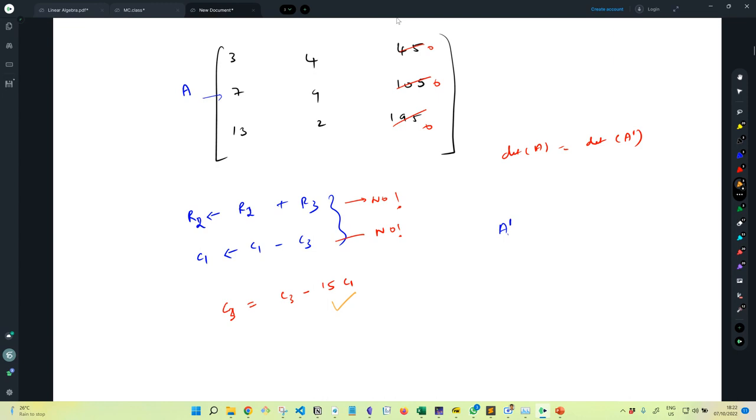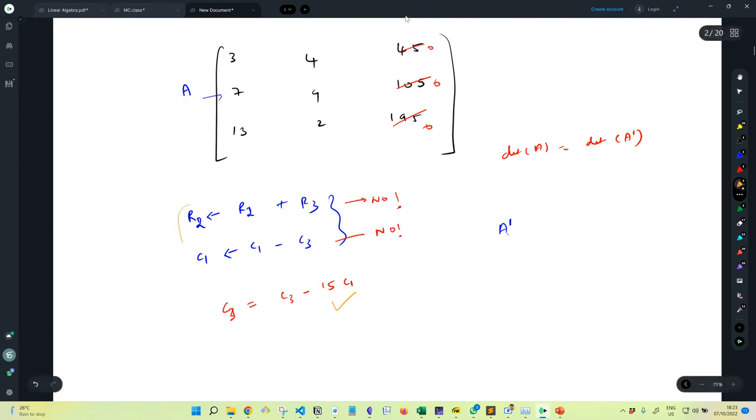And we saw that while performing elementary row operations, anytime you encounter a row or a column that is all zeros, basically determinant of that matrix is 0. And that is why this question is very simple. By doing just one column operation, you found out that you can attain all zero column.